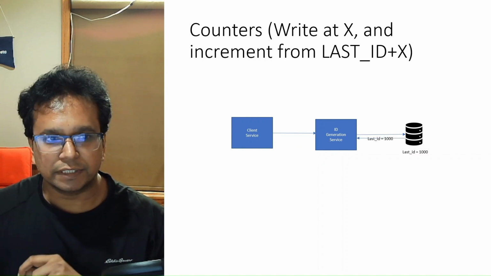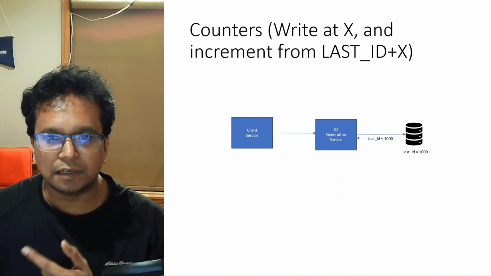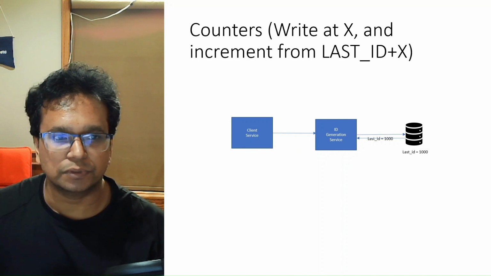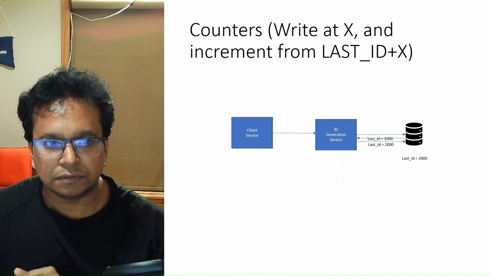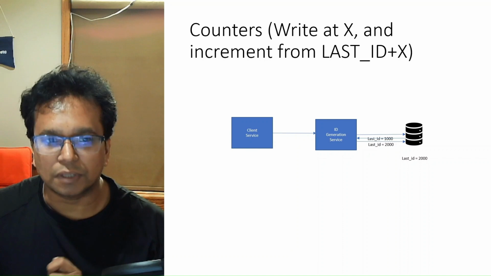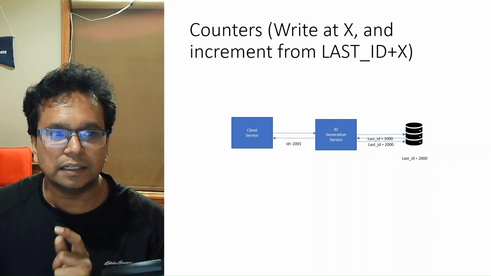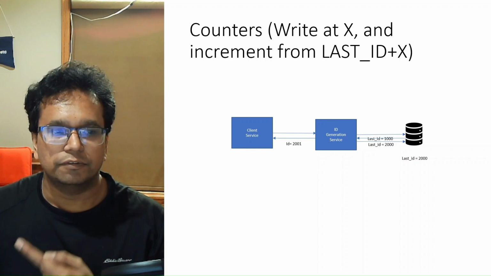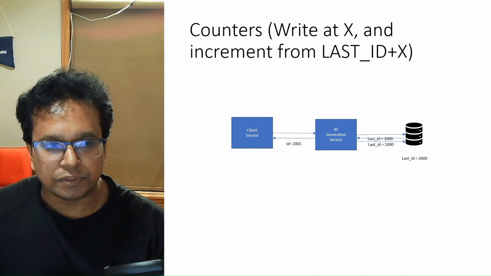I will add 1000 to that, because my incremental interval at which I am saving is 1000. So now my base counter value is 2000, and I will write that value to the database.